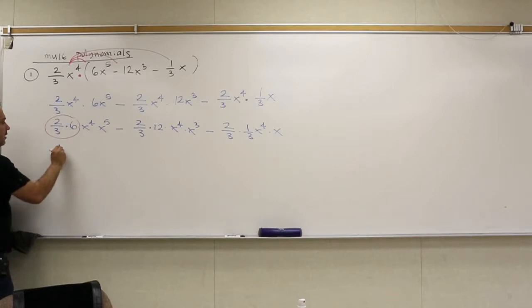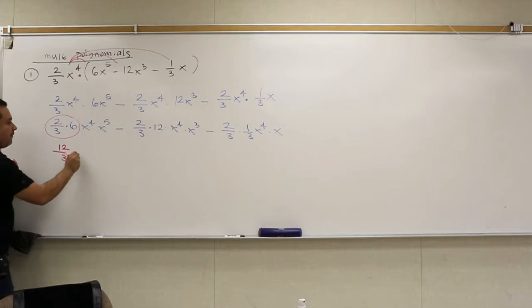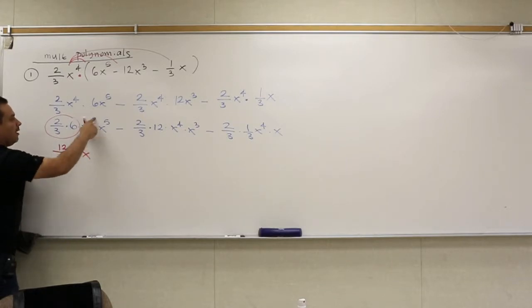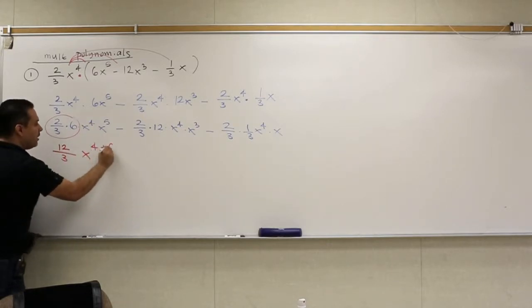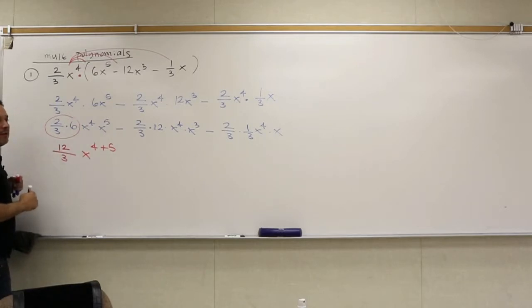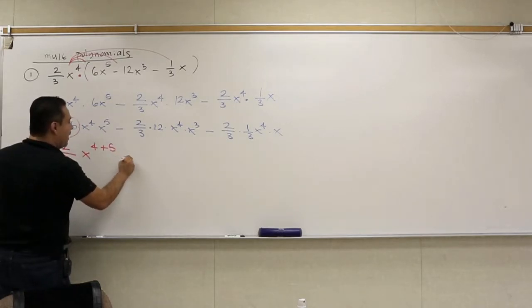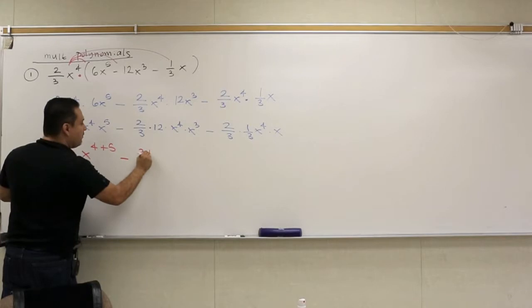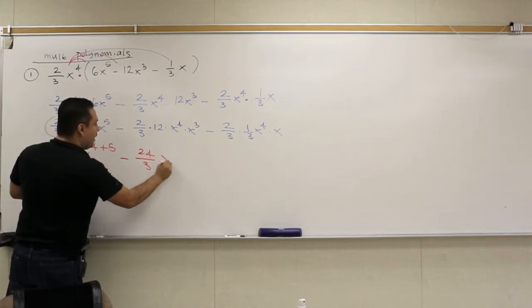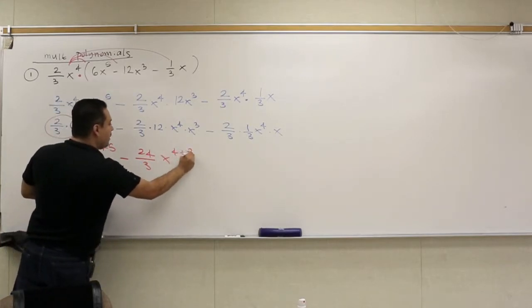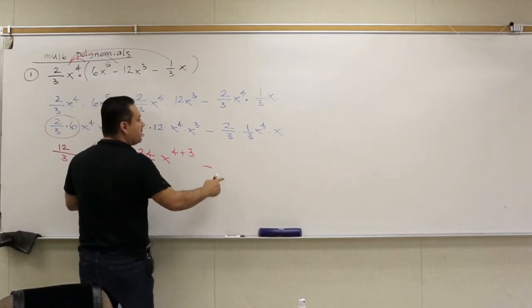So don't you get 12/3 here, really? Because 6 times 2? Yep. And then don't forget, this is x to the 4 plus 5 power. We add the powers. And then here, this is minus 2 times 12. Isn't that 24/3? Then you get x to the 4 plus 3.